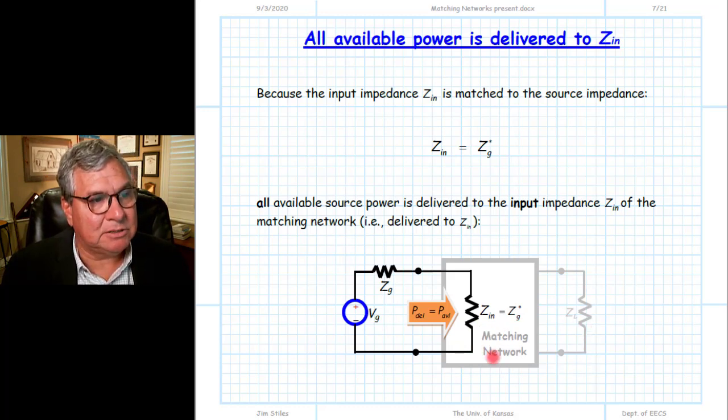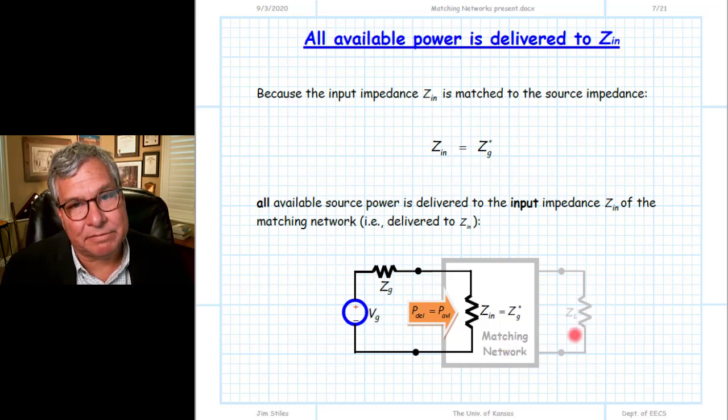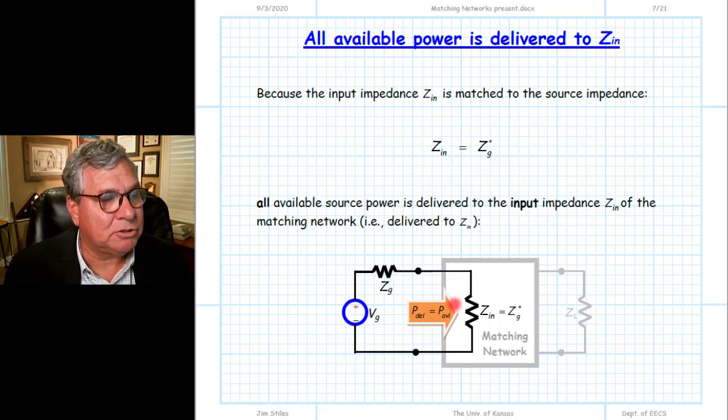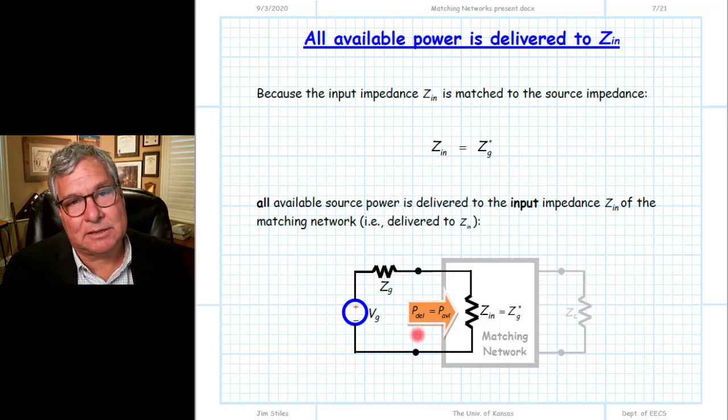The Zin depends on the design of the matching network and depends on ZL. And so therefore we're going to have to design the matching network so that it transforms a specific value of ZL to a specific value of Zin, that is the complex conjugate of a specific value ZG. Now, what happens to all of this power that's delivered by the source?